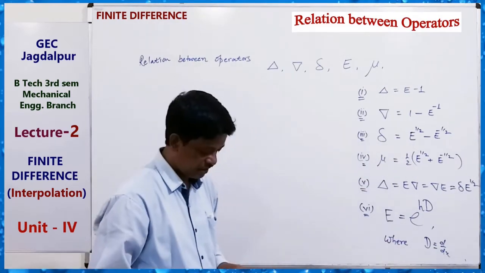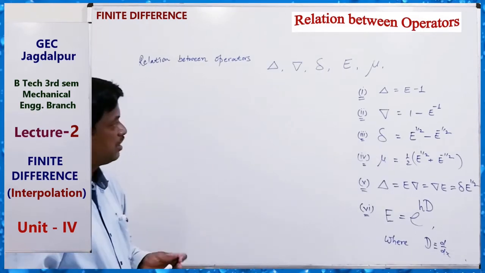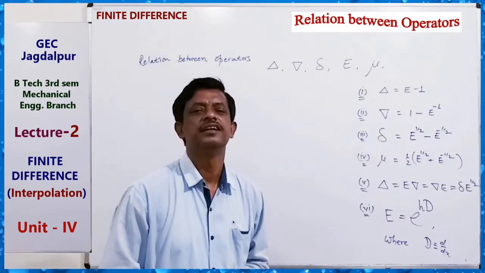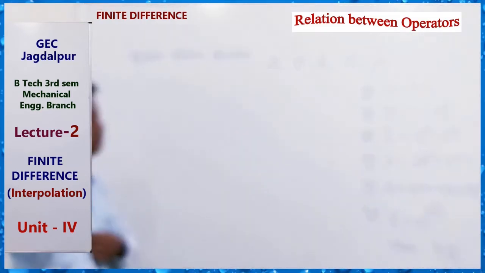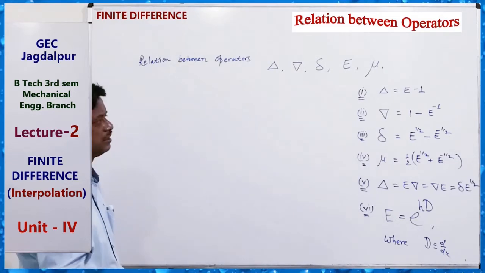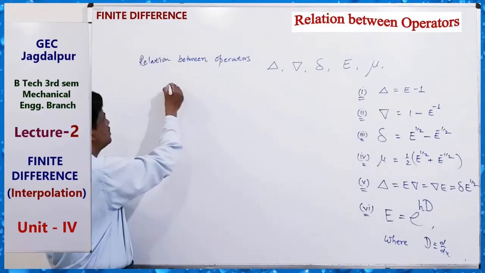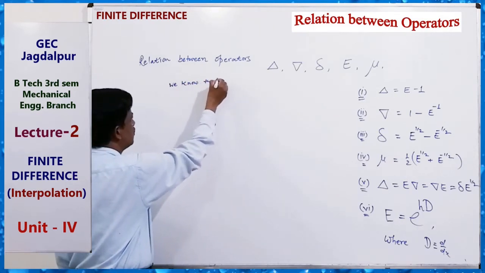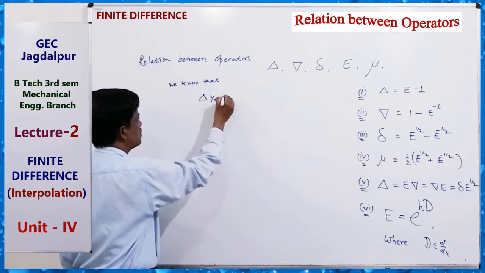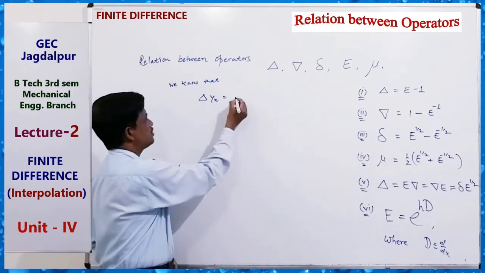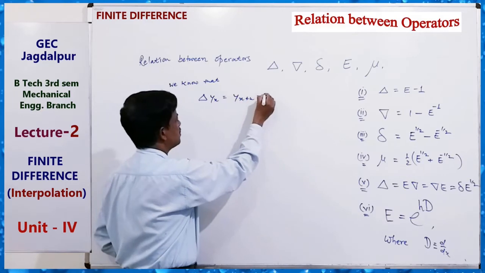Clear? So this relation can be found very simply by using the definition. Just one by one we can see how to do it here. Since we know the forward operator: Δyx equals y(x+h) minus yx.